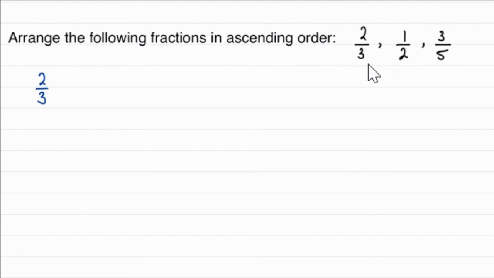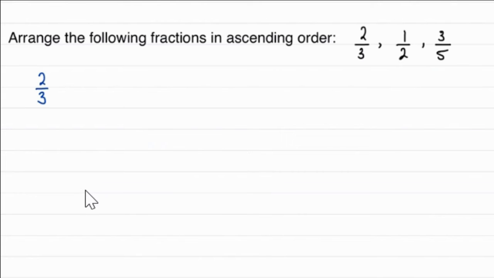Now, in the last video, what we did was we looked at our first fraction and we just multiplied top and bottom by the other denominator. Now, because I've got two other fractions, we're going to do the same thing, except just with the two other denominators. So for our fraction of 2/3, we're going to be multiplying top and bottom by 2 and 5.